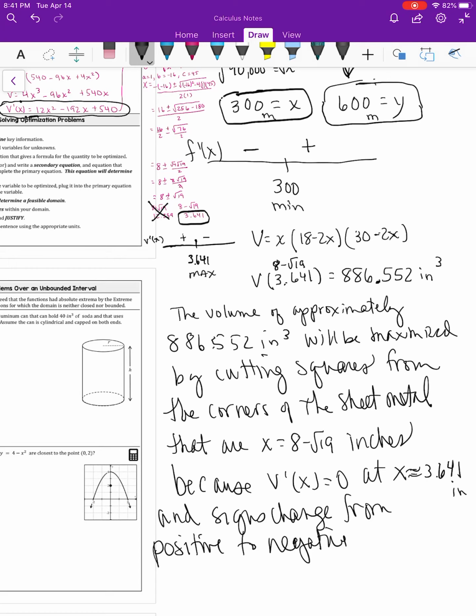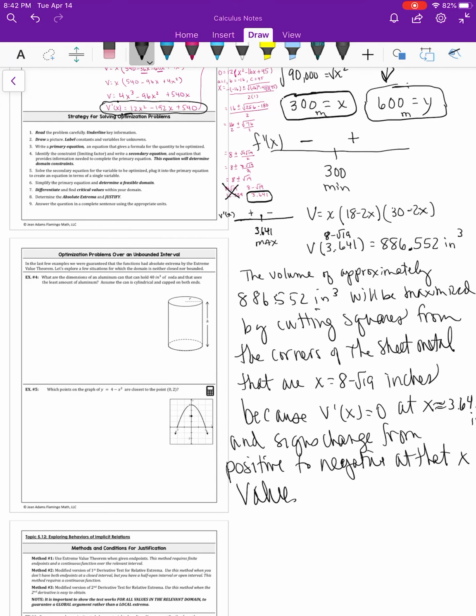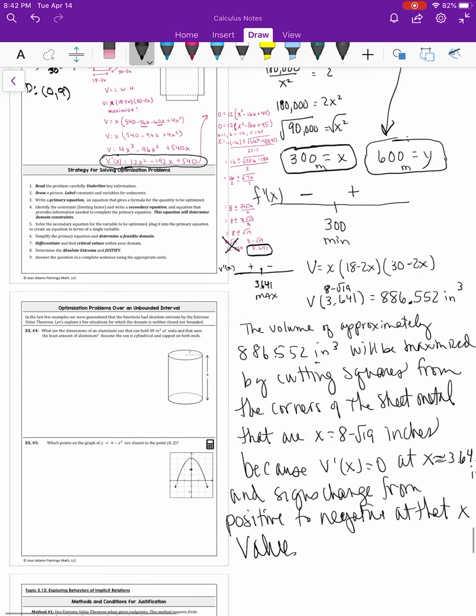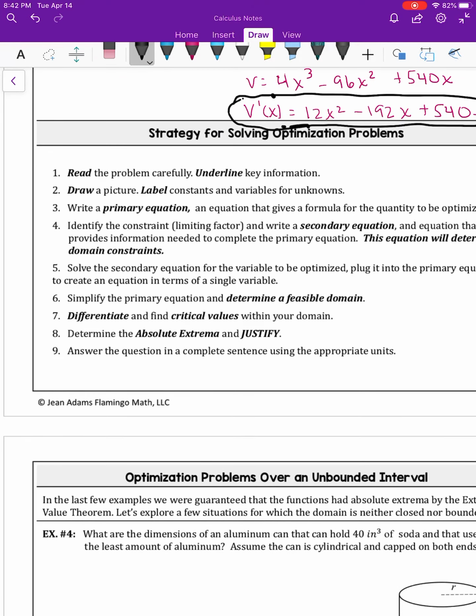And signs change from positive to negative at that x value. Okay, so if you're supposed to justify something, you're justifying why you know that that is going to give you that maximum, okay? And so you're explaining that.